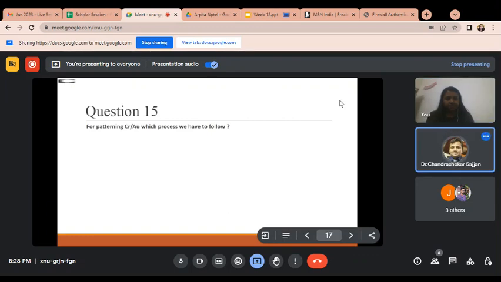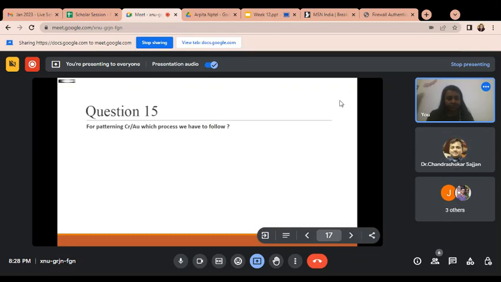Once that is done, which process do we go for? Okay, we will load the mask. After mask loading, which process will we follow?